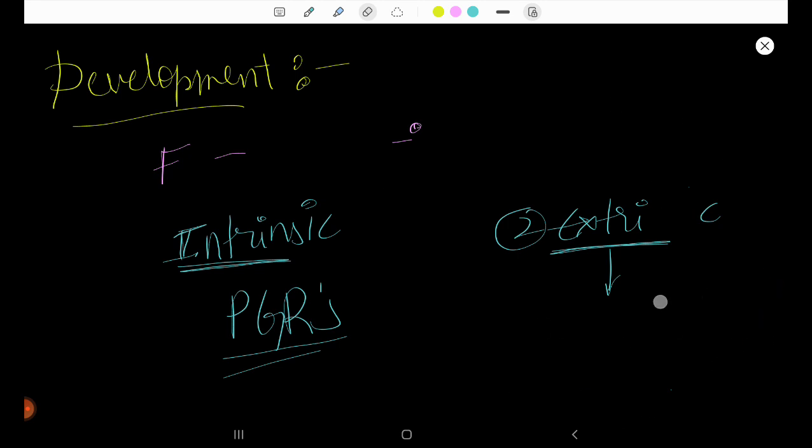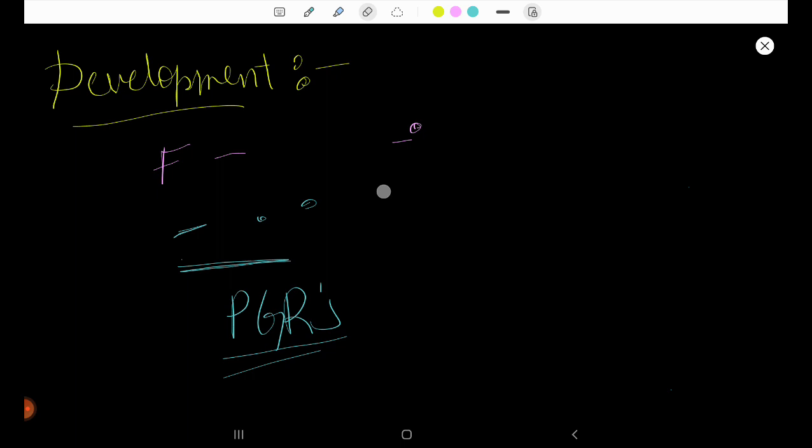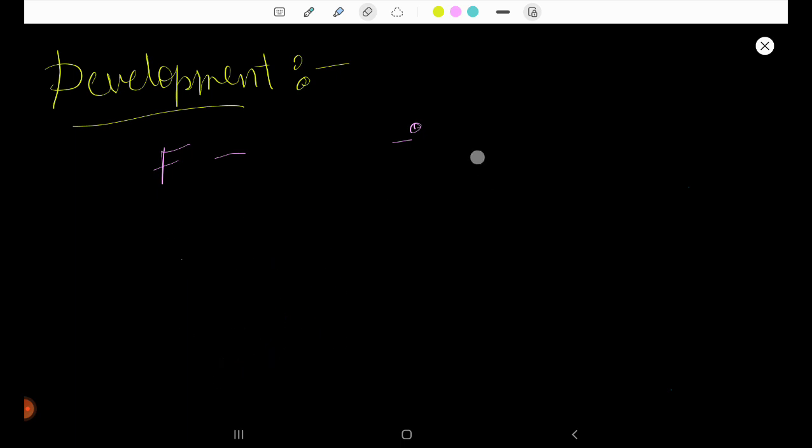Now let's move on to heterophily or plasticity. What is meant by plasticity? What is meant by heterophily? First of all, in order to understand heterophily, we have to understand plasticity, the plasticity of a cell.